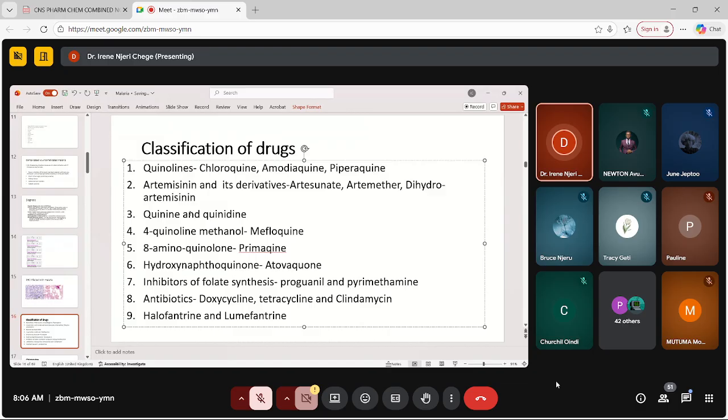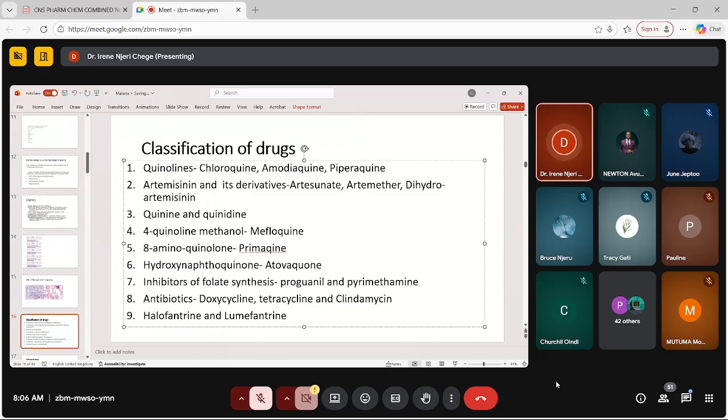So this drug is a blood schizonticide, but it's also a gametocide. It is gametocidal. It's also effective against the gametocytes of P. vivax, P. ovale, P. malariae. So it is gametocidal in those three species, but not in P. falciparum. So I hope I'm making sense.